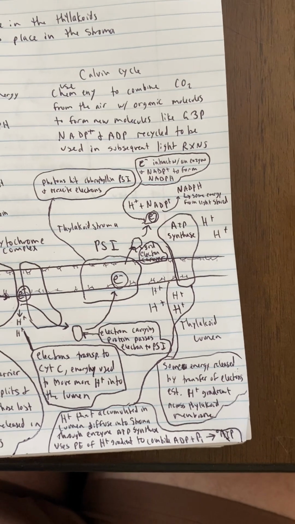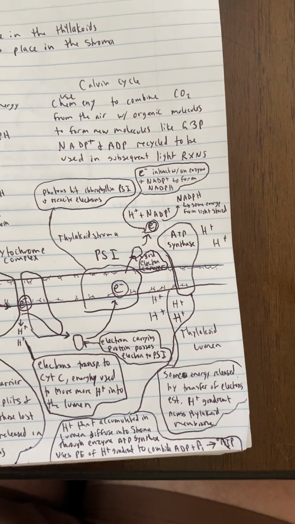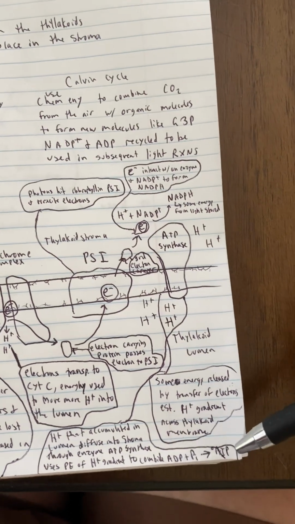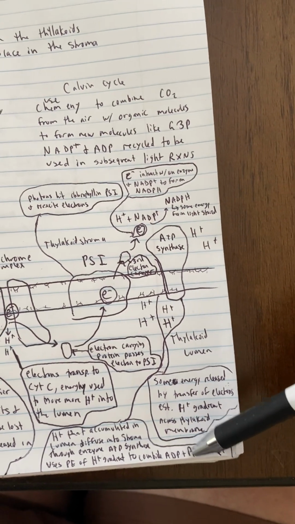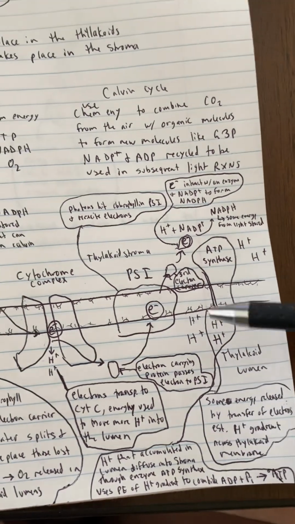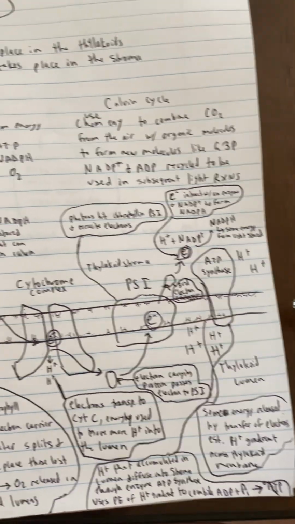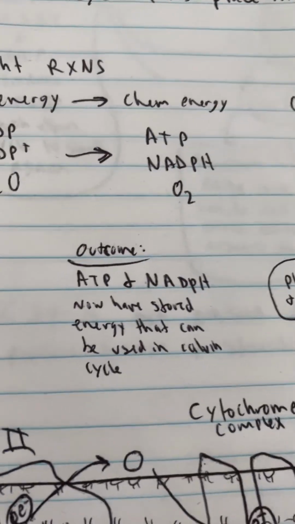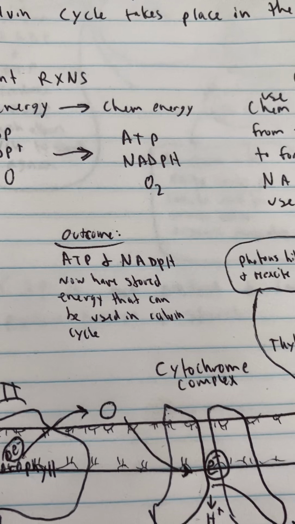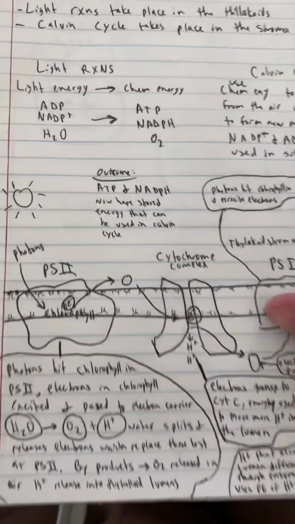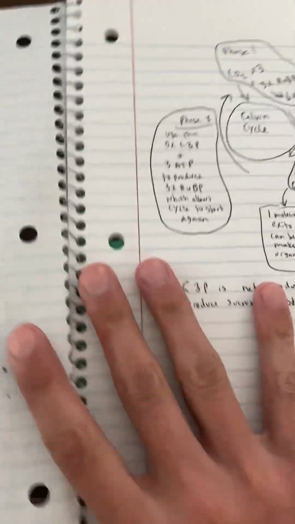That uses the potential energy of the proton gradient to combine ADP and inorganic phosphate to form ATP, which is the other big output of the light reactions. So see the outcome here: ATP and NADPH now have stored energy that can be used in the next part, which is the Calvin cycle.